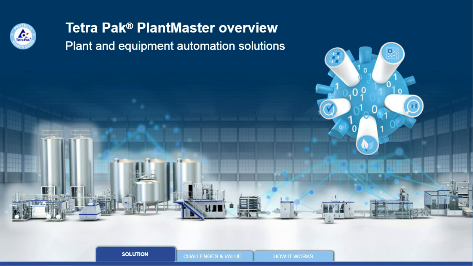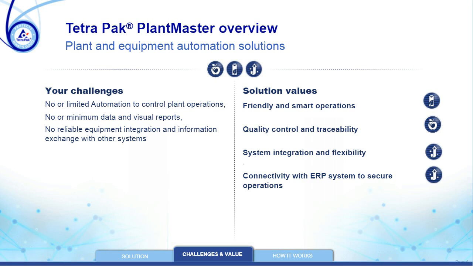It's the only one that covers your entire production, from raw material reception to finished goods and palletized products, with any brand of equipment, and across all of your sites. So Tetra Pak can cover your challenges, such as no or limited automation to control plant operation, limited data for benchmarking and KPIs, and perhaps no reliable shop floor equipment integration and information exchange with other systems.